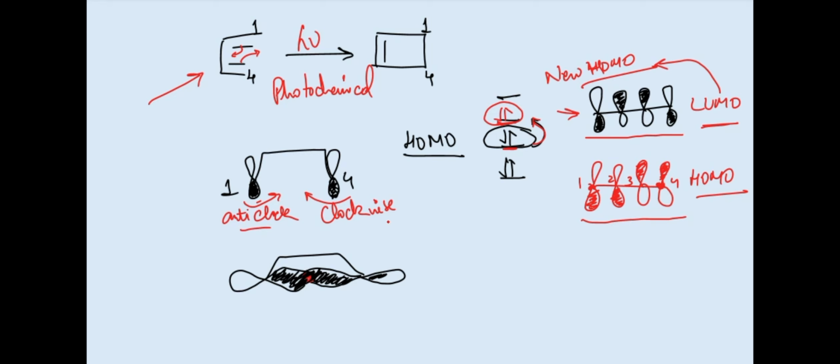For one it is anti-clockwise, for the other it is clockwise. So we use a special term in this case: we call it disrotation. In the previous case, when both the rotations were the same, anti-clockwise or clockwise, it is known as conrotation. But in this case it is known as disrotation.